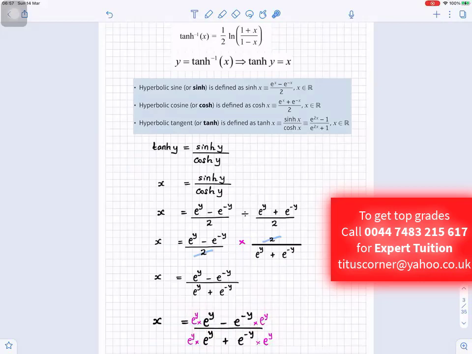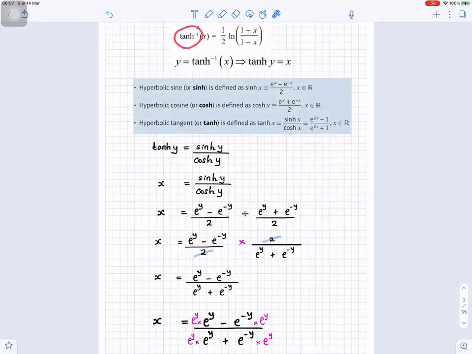And remember, in the beginning, you had to get rid of the inverse tanh, so you take tanh of each side. That gives you tanh y equals x. It's very important to remember that part.